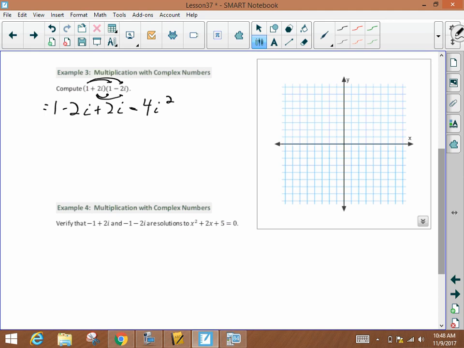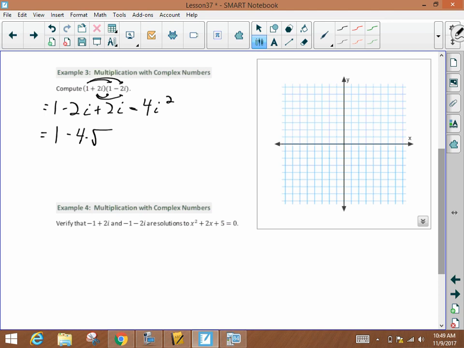Yeah, everything is special with this one. It's almost as if it's color coordinated too, so that's nice. So 2i minus 2i is 0. And then I'm going to go ahead and write this for this I squared times the 4.